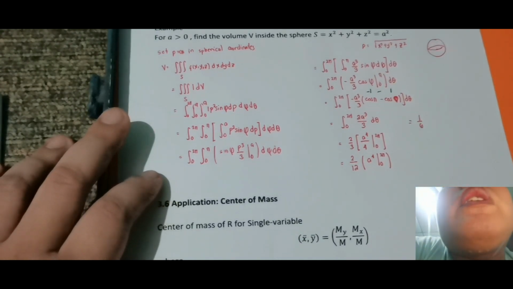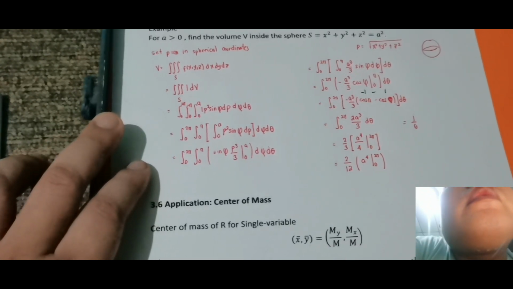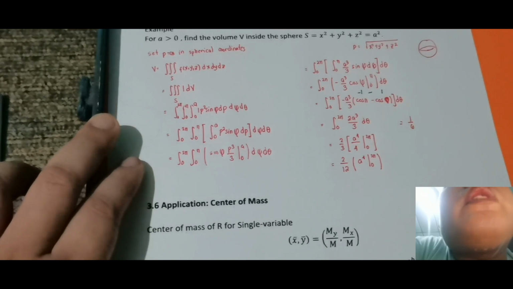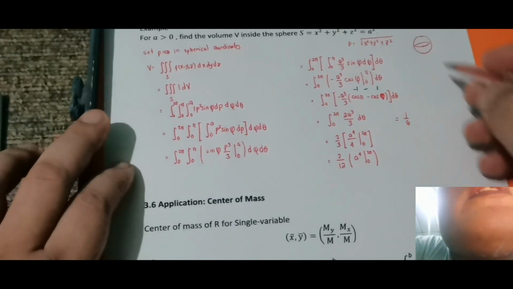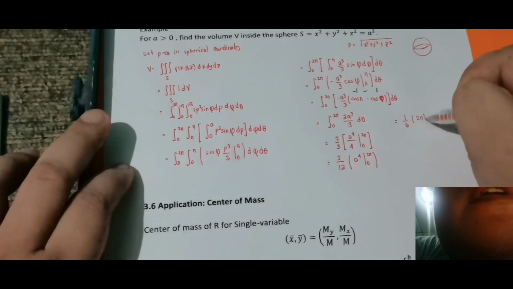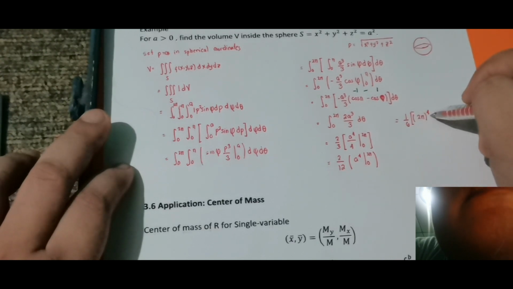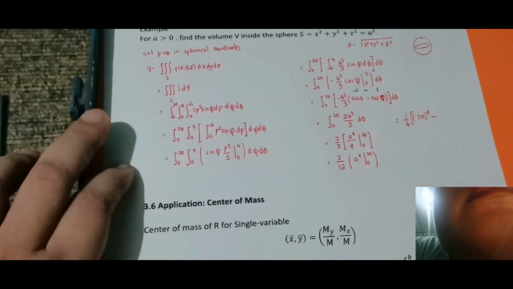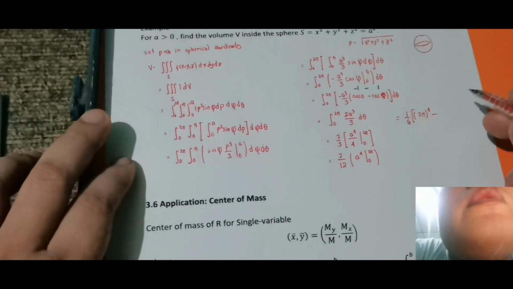Tama ba ako sa 1 over 6 na yan? Okay, so tama naman tayo sa 1 over 6 na yan. And then, this is just equal lang naman sa 2 pi raised sa 4 minus, wait, check ko lang yung value.